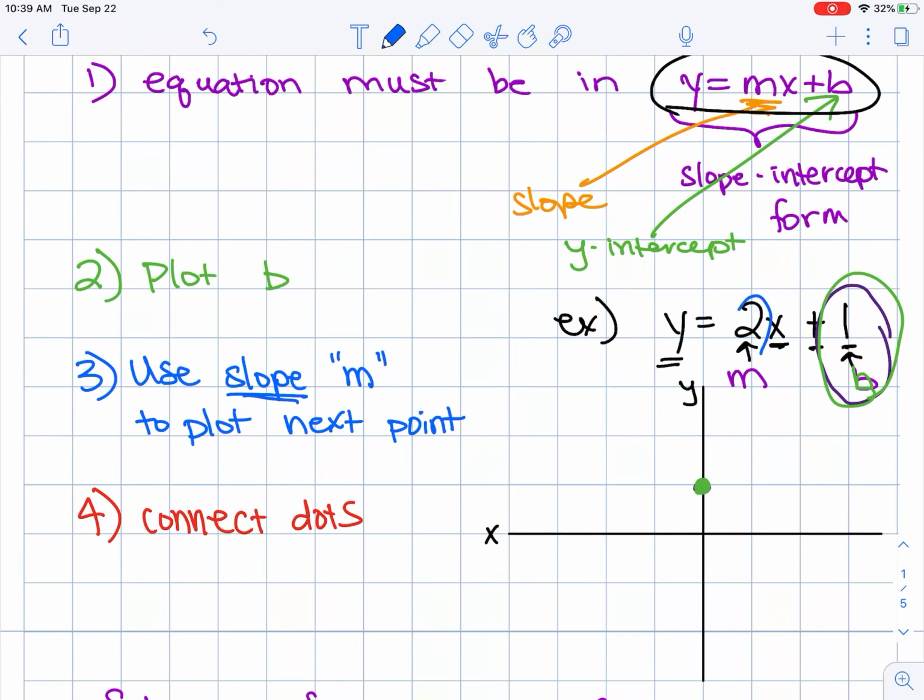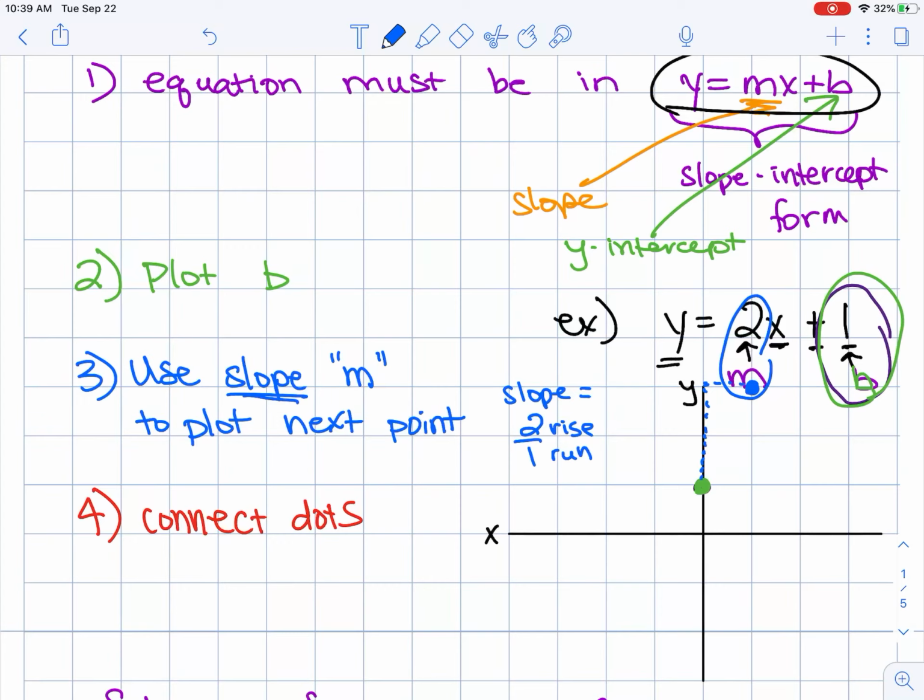Now keep in mind our slope here is 2. Go ahead and put that in fraction form, which any whole number can be put over 1. And remember, this is rise over run. So starting at point B, we're going to rise 1, 2, go over 1.